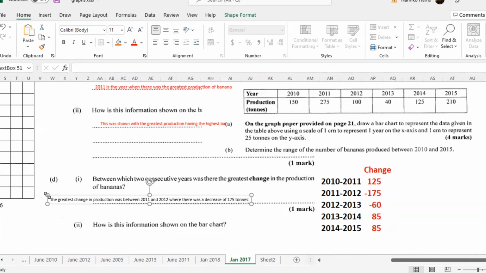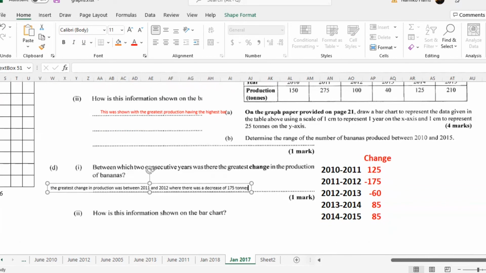And that is all that we're putting for our answer there. So it's just 2011 and 2012.